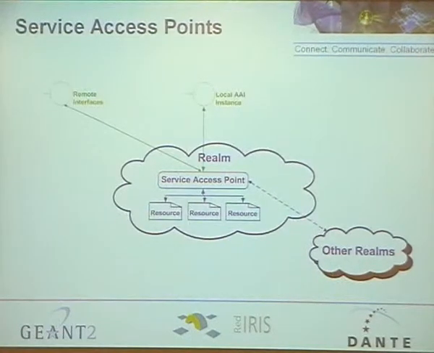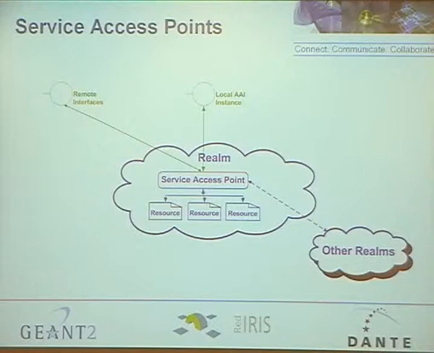In the case of the service access point, there is a realm, whatever it is, controlling a certain set of resources, and this realm can, of course, have some specific agreements, whatever they are, with some other realms in the system. There is no federation concept here.